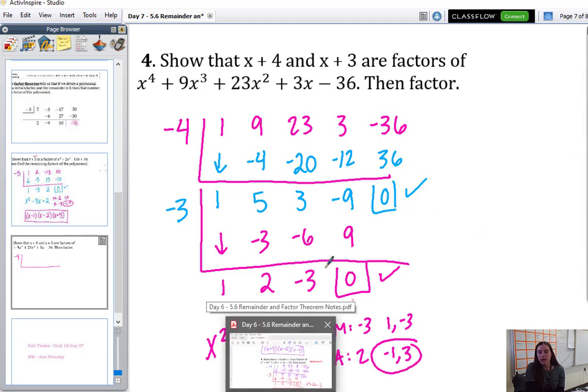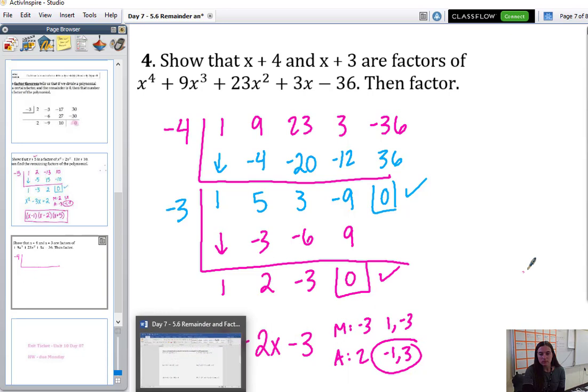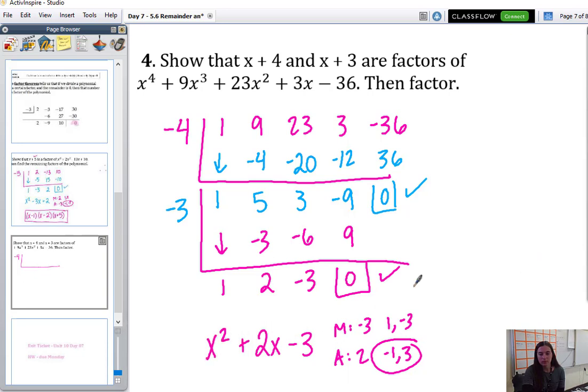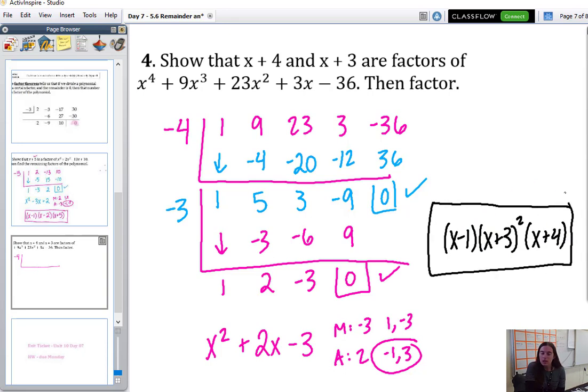Okay, my final answer, I'm going to use these two factors, x minus 1, x plus 3. I had another x plus 3, so we can just write x plus 3 squared because there are 2 of them, and x plus 4. You can also write it as x minus 1, x plus 3, another x plus 3, and x plus 4. Either one of those is perfectly fine. And there's our final answer.